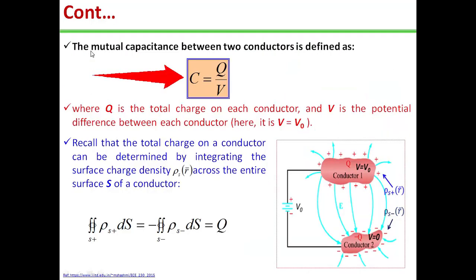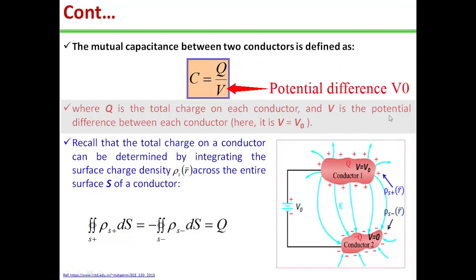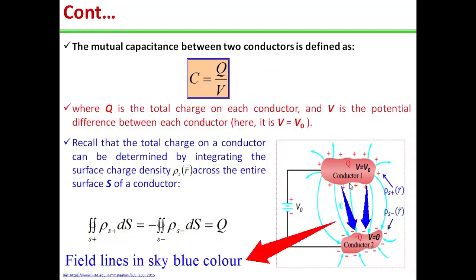So the mutual capacitance between two conductors is defined as C is equal to Q by V, where Q is the total charge on each conductor and V is the potential difference between the conductors. In this case, V naught is applied between conductor 1 and conductor 2. If charges are there, then electric field lines will be there from the positive charge to the negative charge.